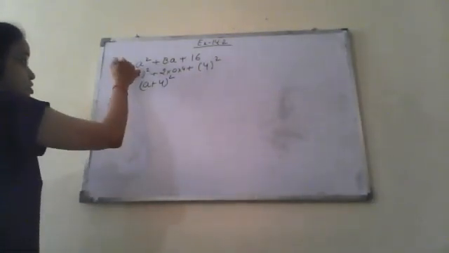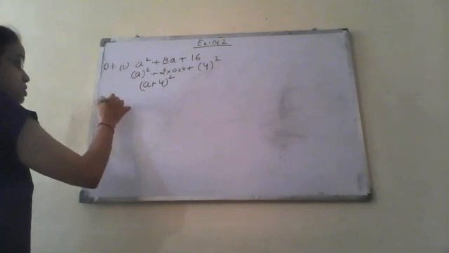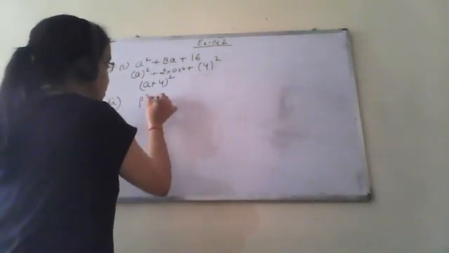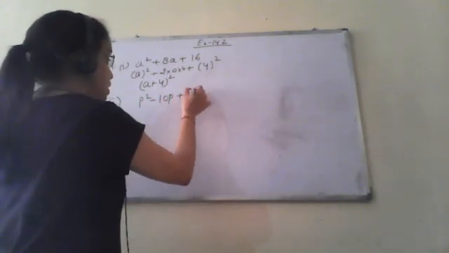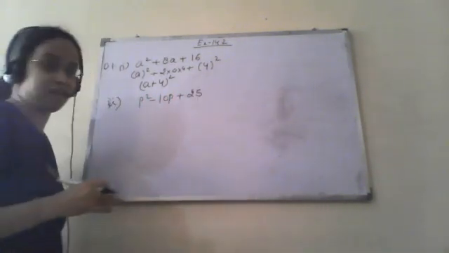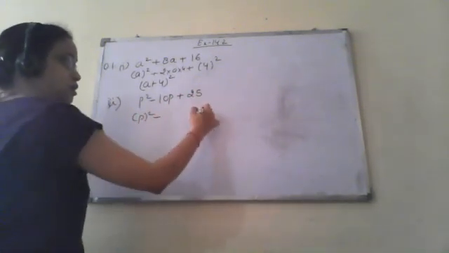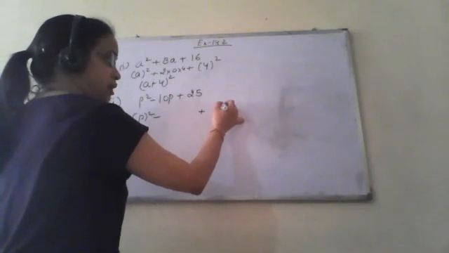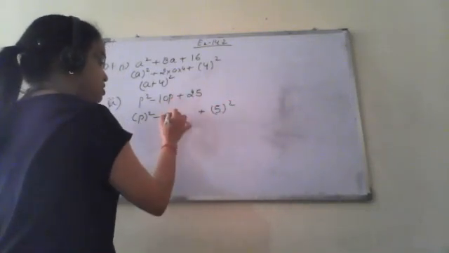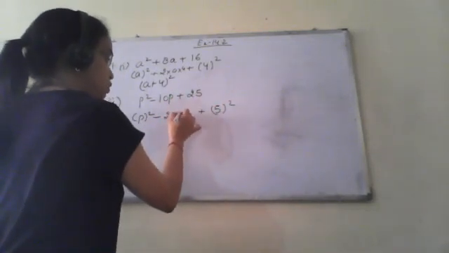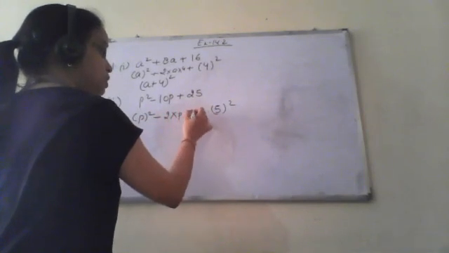This was the first part of question number 1. Second part, we have p square minus 10p plus 25. Now this p square can be written as p whole square. This 25 is 5 whole square, and this 10p will be 2 into a, that is p, into b, that is 5.